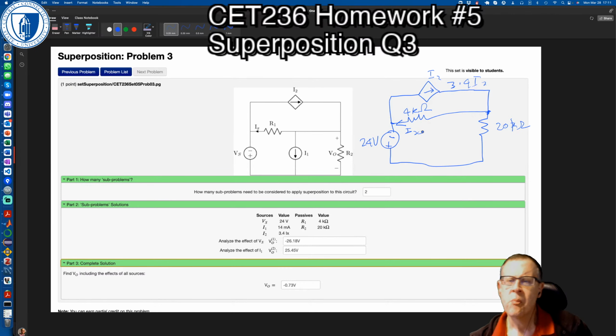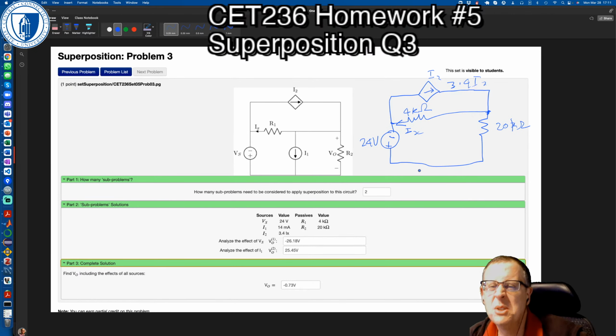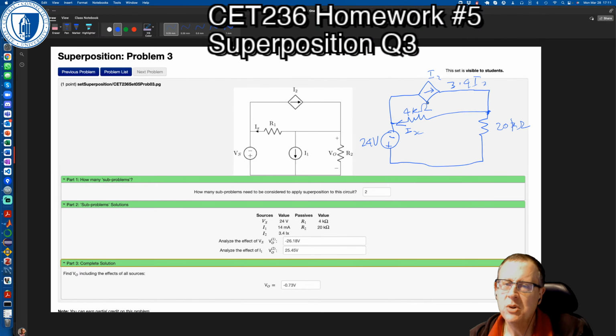So how do we do this one? Well, because we've got one current source on the outside, I'm very tempted to define a mesh there, and let's go with the mesh in that direction.